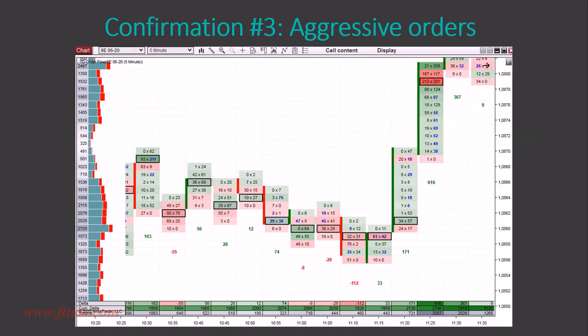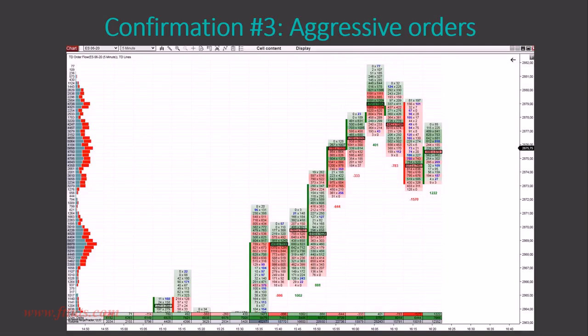Alright, so be really careful if you see aggressive buyers or aggressive sellers going against your position, against your support or resistance. It's always best to avoid trading such a trade. Now, as I was preparing this presentation, I saw this on the ES. Crazy load of aggressive sellers in here.